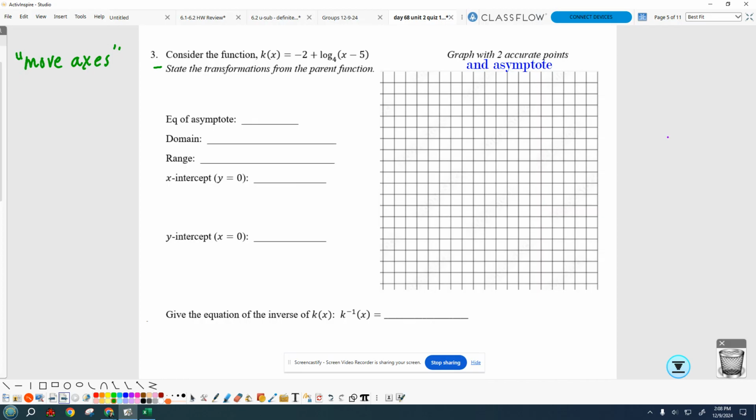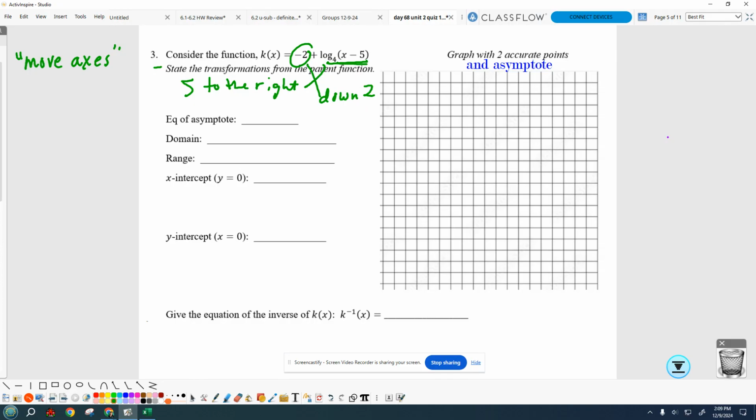I want to say 5, right? Yep. Does it move up or down, or does it stay still? It moves up and down. It does. 4, 2, -2. So that's down 2.